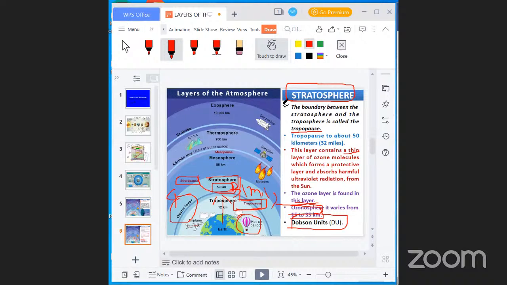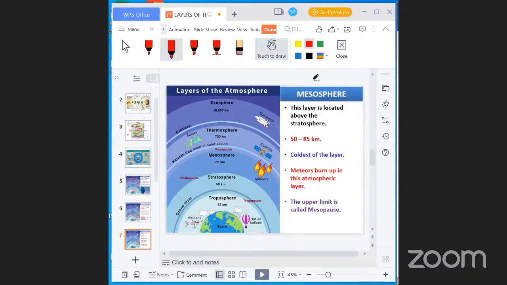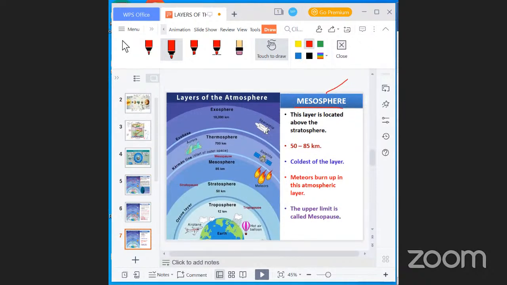Okay. So this is the stratosphere, the second layer of the atmosphere. Now we are going to the third layer of the atmosphere. It's called the mesosphere. Right? Now, meso, what is the meso?